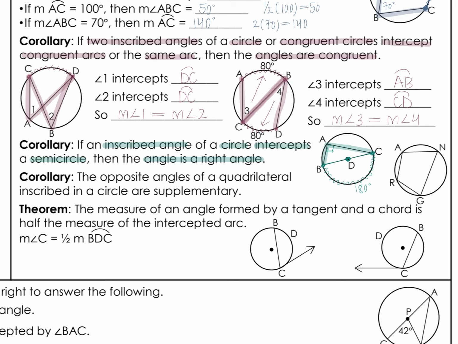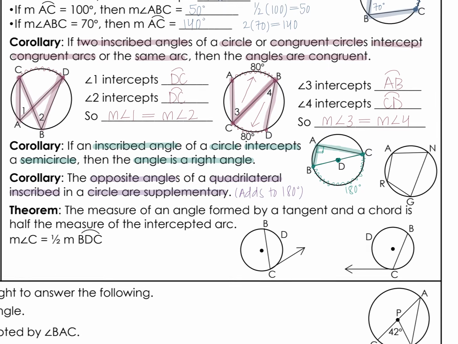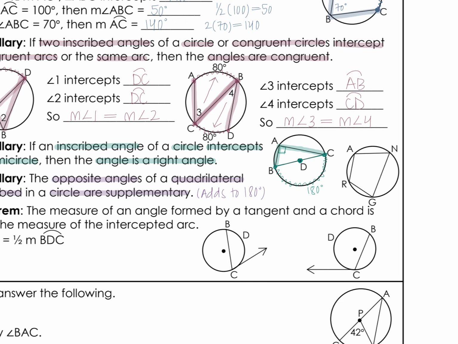Okay, moving into our next one, we have that the opposite angles of a quadrilateral that is inscribed in a circle are going to be supplementary. So remember, that means that they're going to add up to 180. Here, like they said, opposite angles, so they should be across from each other.